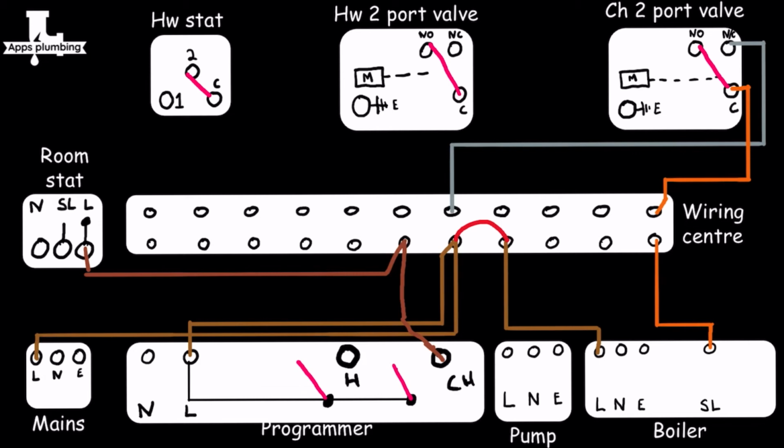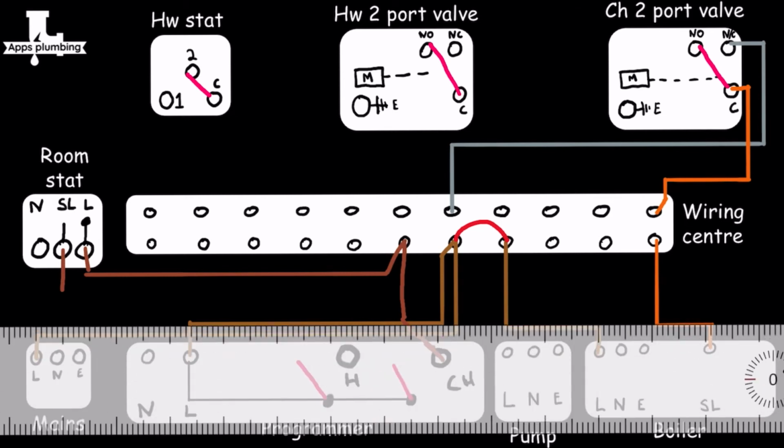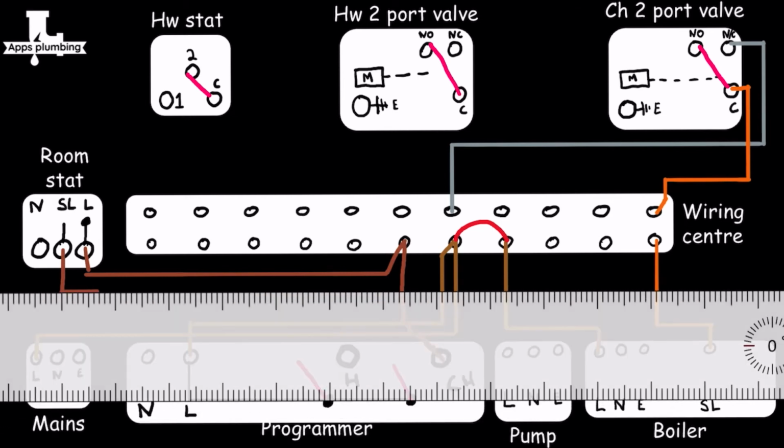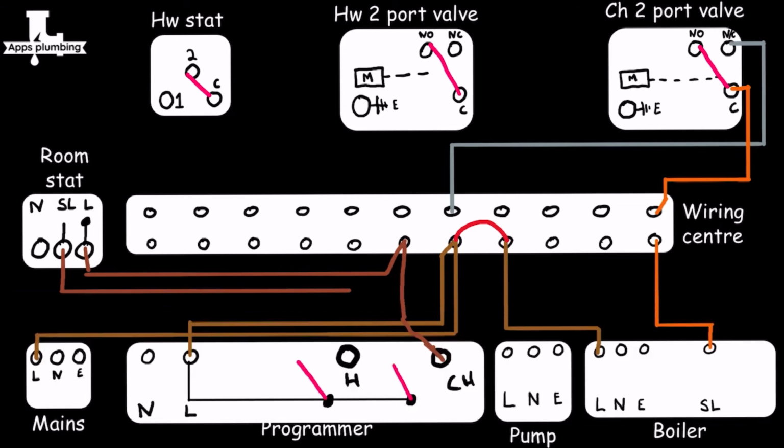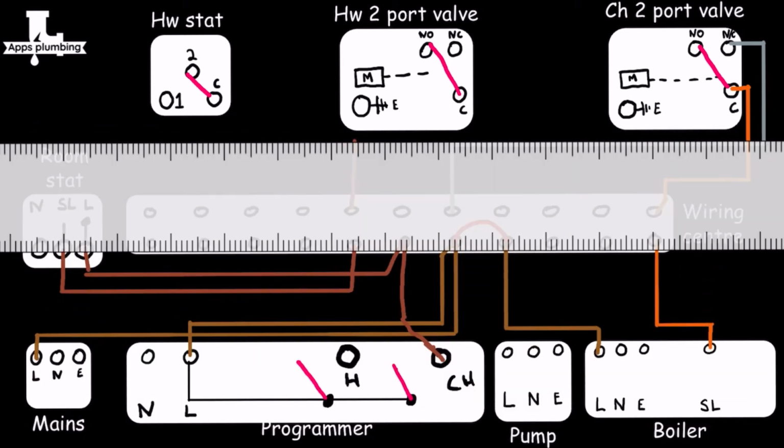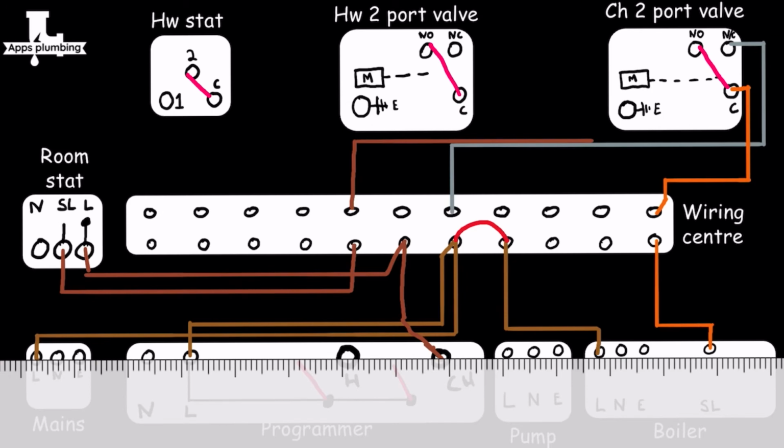It then goes out of our room stat, and it goes back to our 2-port valve, and then to the motor of the 2-port valve. As you can see here, it goes into the motor of the 2-port valve.